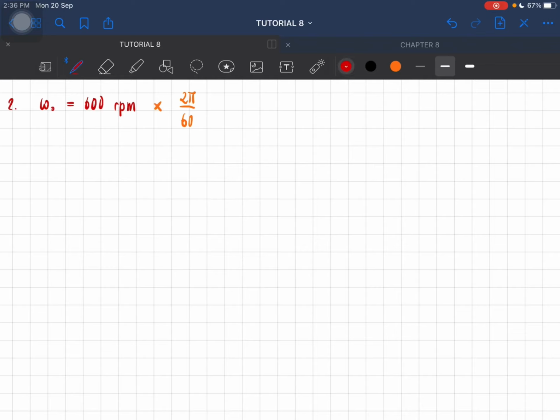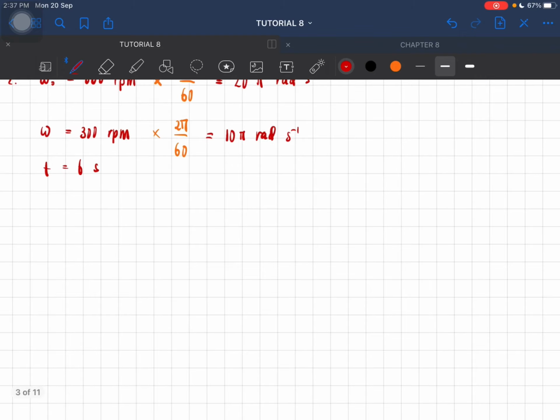So you should get the value of 20 pi radian per second. We also have the final angular velocity, which is equal to 300 rpm. Again, we have to convert this into radian per second. So this is 10 pi radian per second. And then it gave us the time interval, which is 6 seconds.